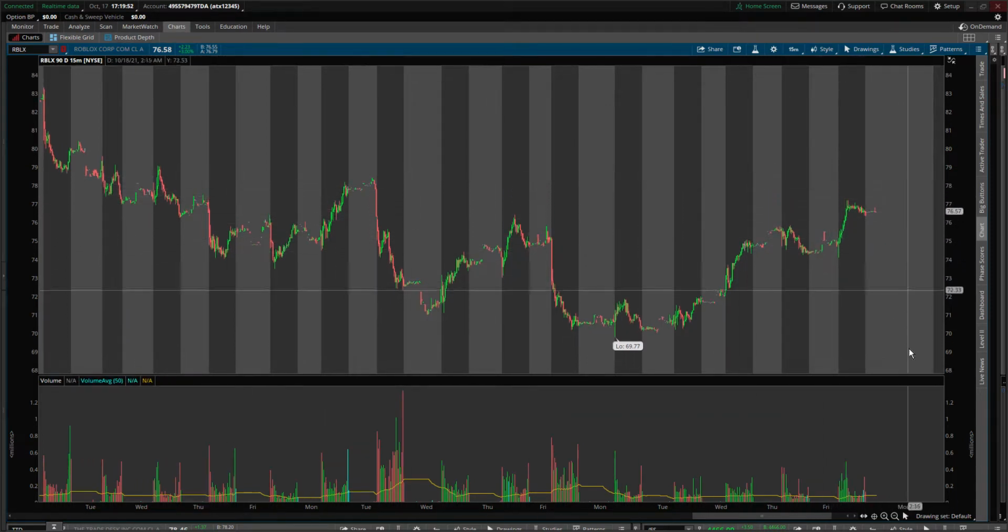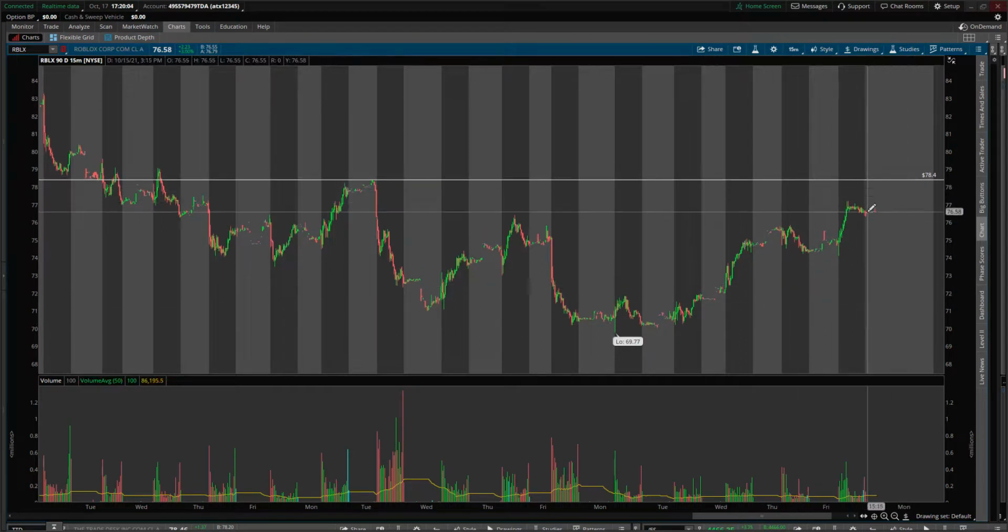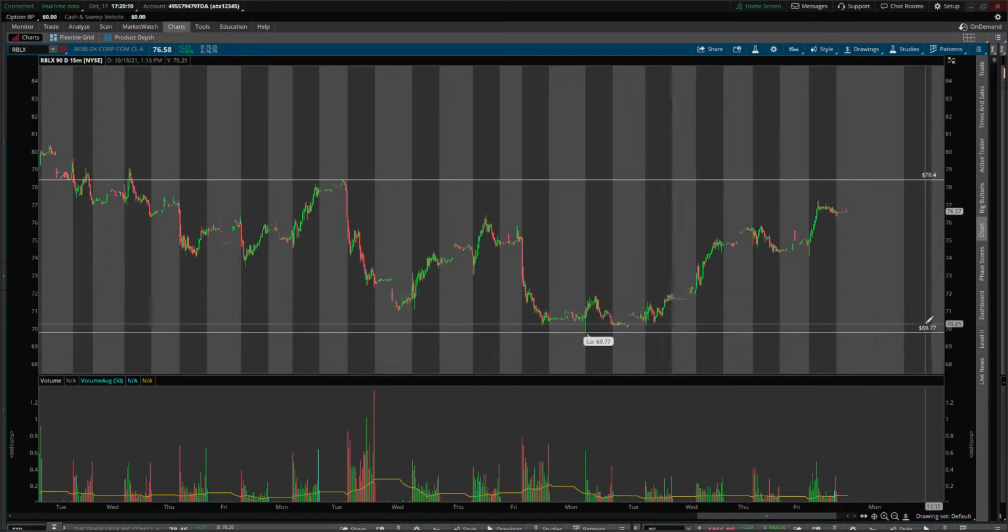So if you're wick hunting, for example, you'll probably come here and mark this high right here. That's probably what we're going to be approaching soon. And if we were towards the lower ends of this range, you'd probably mark this level right here, to see if we could break down that level to go lower.